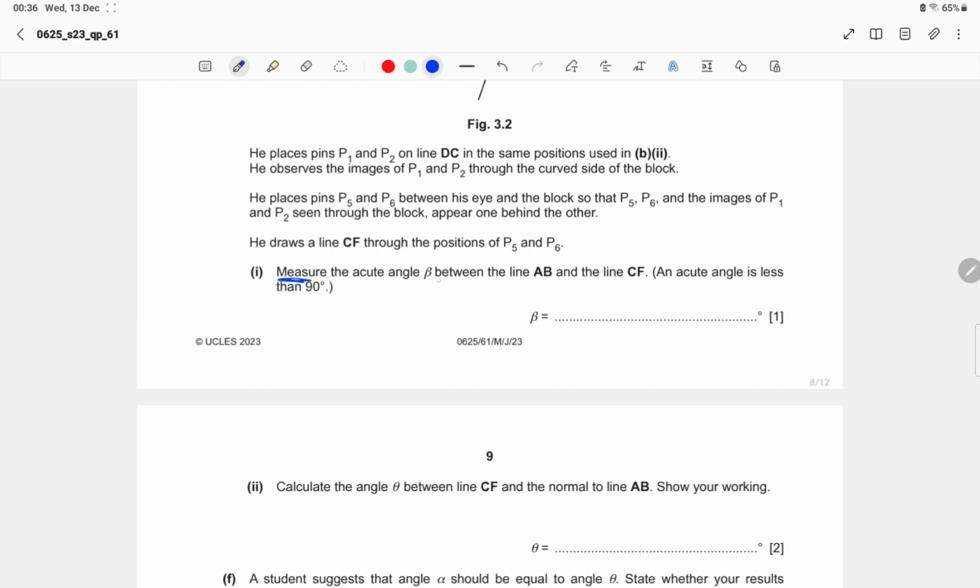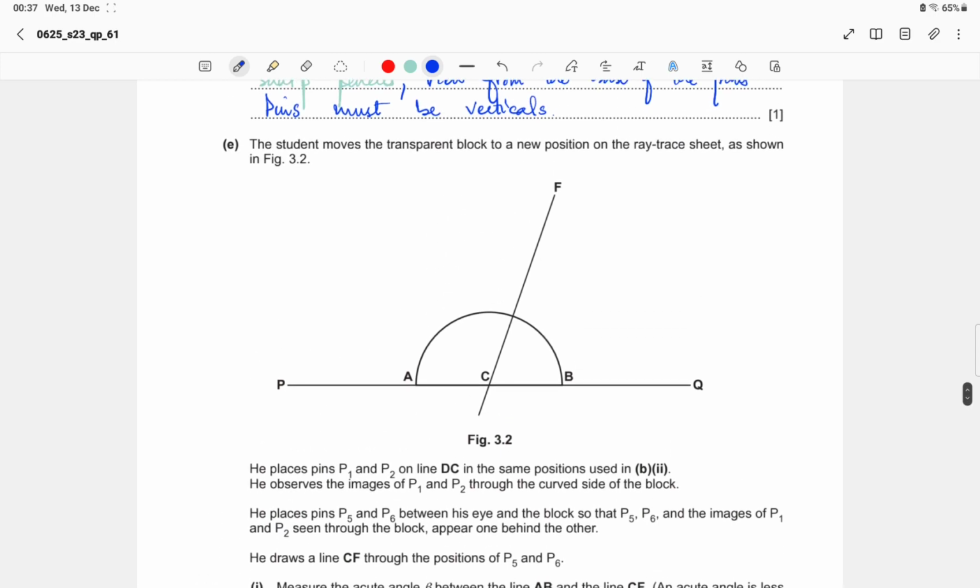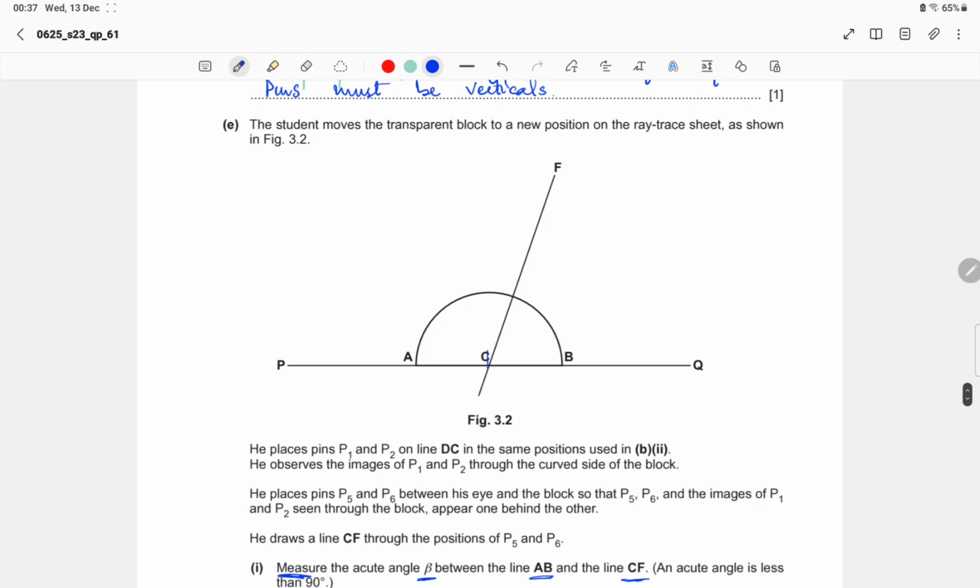Measure the acute angle beta between the line AB and CF. So line AB and CF. Okay, so this is going to be your normal.